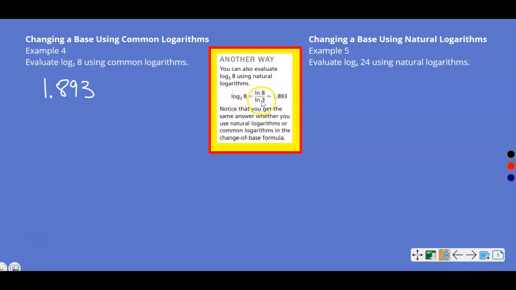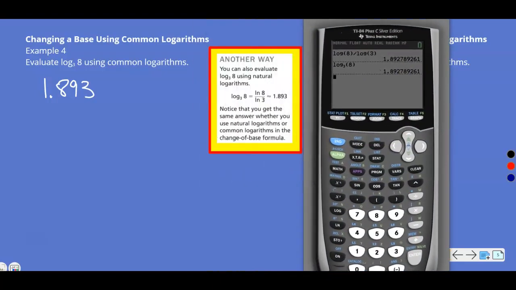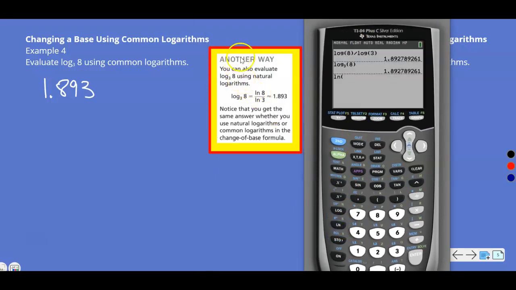All right, so it shows you here that if you use the natural logarithm, I'm going to show you on the calculator as well. If you use natural logarithm, that's ln. Again, that just means base e. And the change of base formula basically says it's just changing a base to a common base. So if we're using the natural log and then we're dividing by the natural log, we are still using a common base of e.